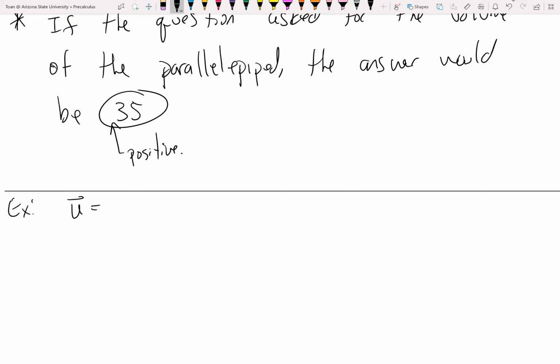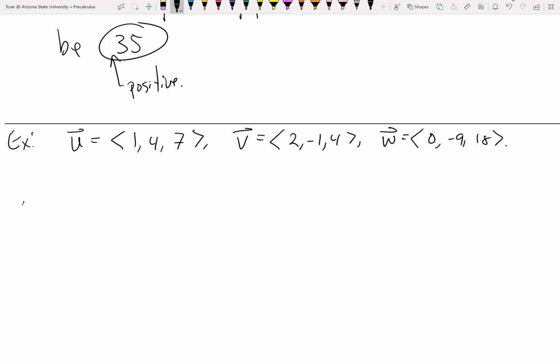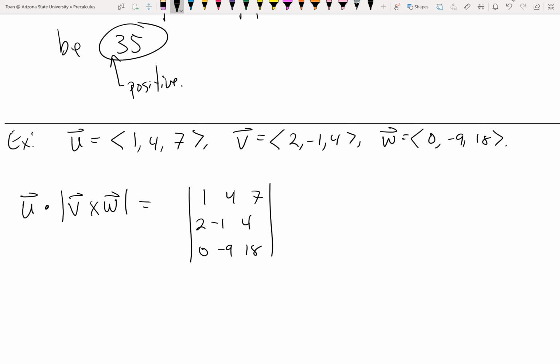So let's say they gave you vector u as 1, 4, 7, vector v as 2, negative 1, 4, vector w as 0, negative 9, 18. So we'll find the scalar triple product, u dot v cross w. But of course, I'll just go straight to the determinant of the matrix: 1, 4, 7, 2, negative 1, 4, 0, negative 9, 18.